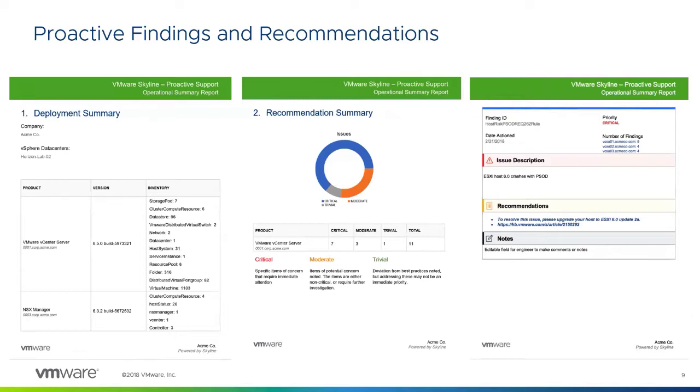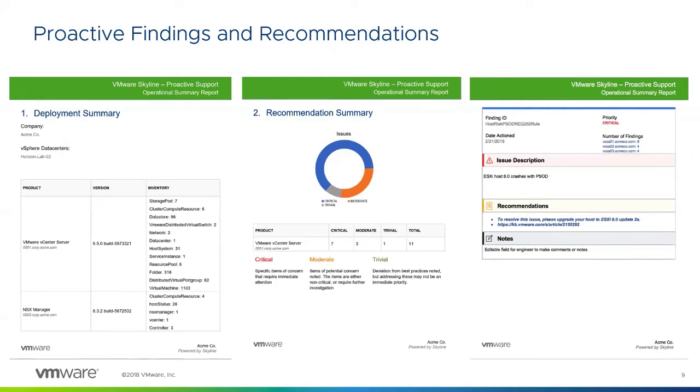And then the third one is a more detailed section which will highlight the rules that were matched up against the environment that you have, the endpoints and objects that Skyline is monitoring, how many of those were found across which objects and which endpoints, and what the description of the issue was that we found within that object or endpoint, along with the recommendation and the link to the KB article so that you can take a look at it for more detailed information.